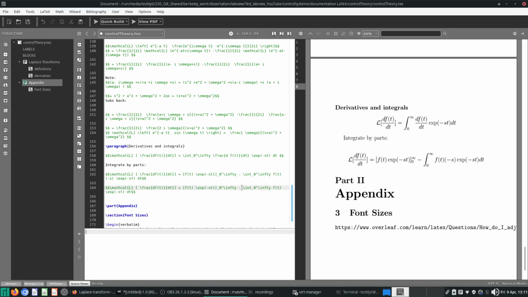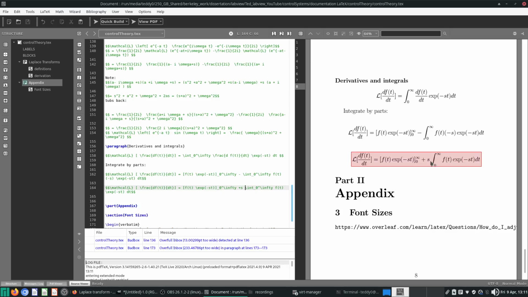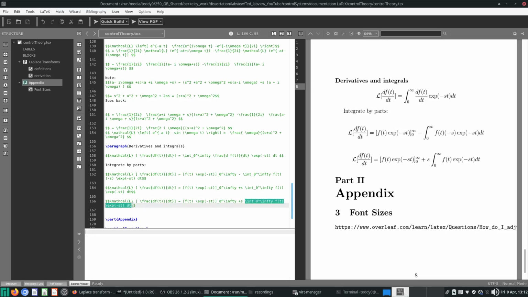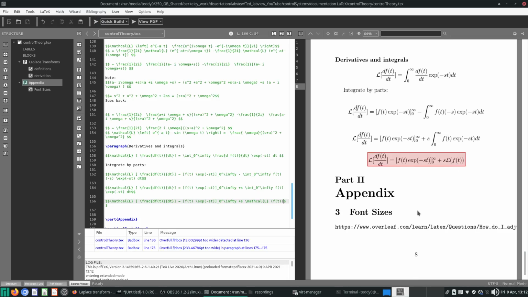You can bring the minus s out to the front, and then we get a plus s, because s has nothing to do with t, at least not in the way we define it. We can bring this whole thing out, and what is this? This is just the Laplace transform of f(t). That's very good for us.